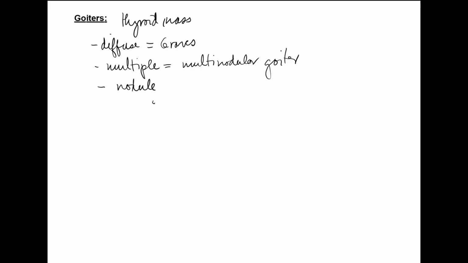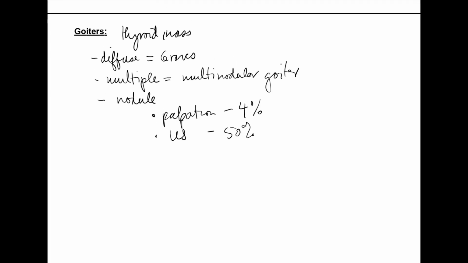Nodules are everyday working medical problems. If you examine all thyroid glands by palpation in adults, you will find nodules in 4% of the population. But with the new adaptation of ultrasound, we're going to find up to 50% of thyroid glands have nodules. Rules have been adopted that you do not investigate a nodule found by ultrasound unless it is greater than 1 centimeter and it is solid.